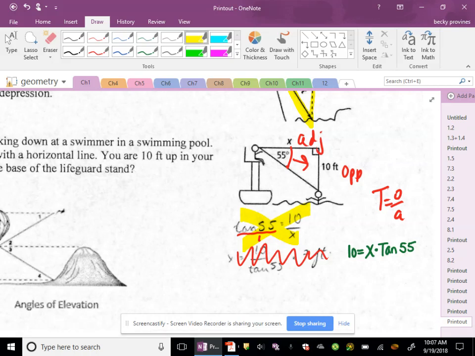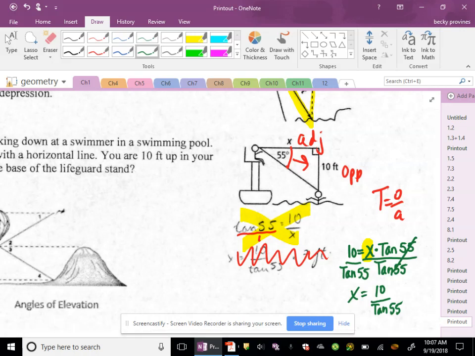Now, you're wanting to solve for x. So whatever is next to x, you have to move by using division. So I'm going to divide by tangent 55 on both sides. So I'm left with 10 over tangent 55. As you can see, that's what I had over here before I did the little scribble.